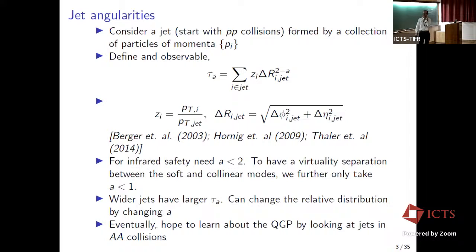Angularities is one of the substructures that has been studied for a long time. Just to set the stage, we can think about angularities in this manner. You define some observable tau, where you collect this particular quantity from all the constituents in the jet: the fractional longitudinal momentum z of the particle and the angular radius to some power.